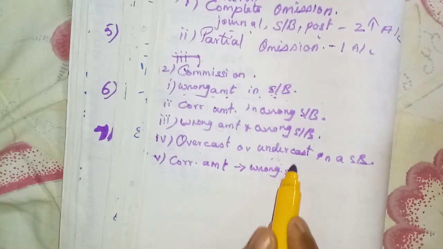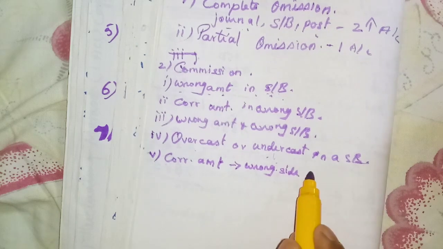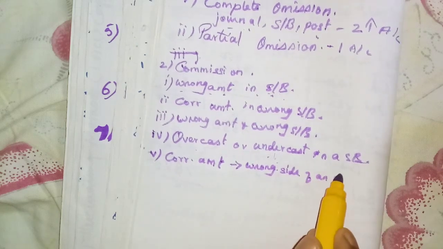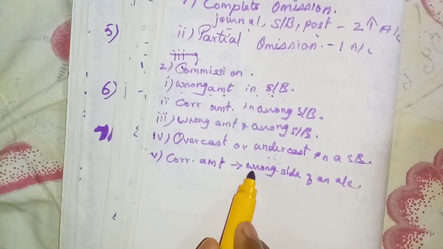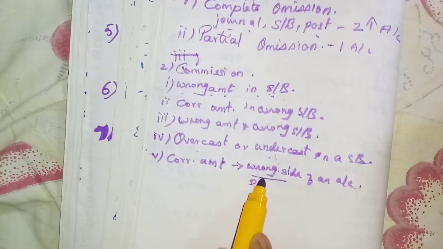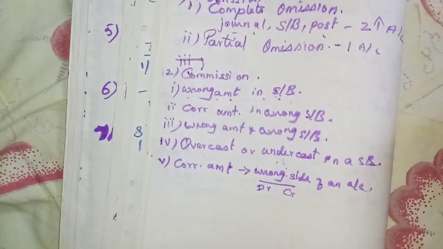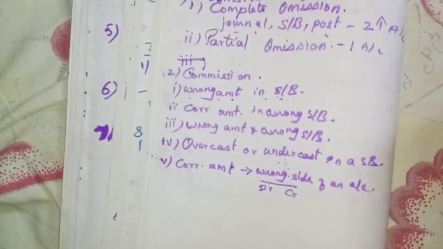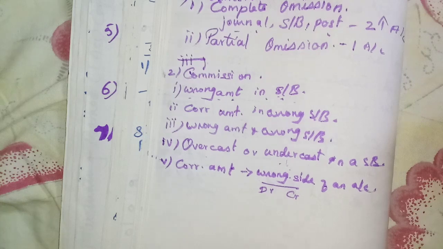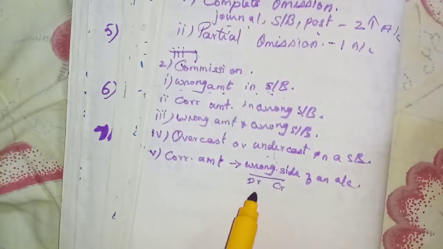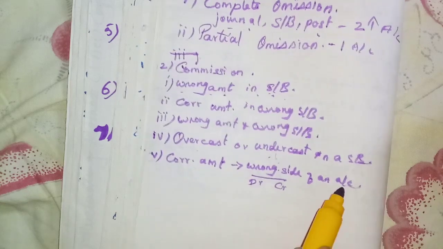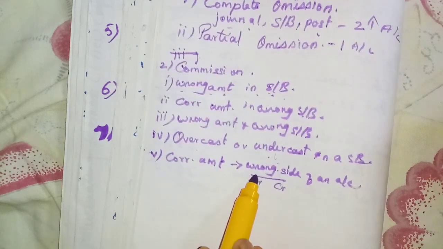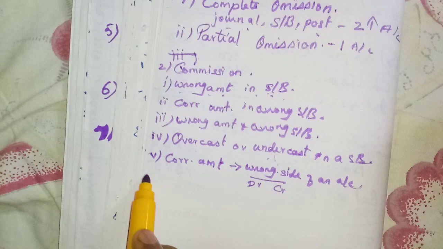The account is also correct, but the wrong side. Instead of the debit side, they post on the credit, because a ledger account has two sides, debit and credit. The amount is correct, the account is correct, but they enter on the wrong side.